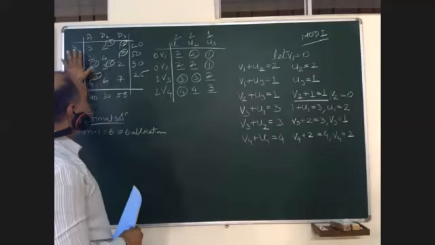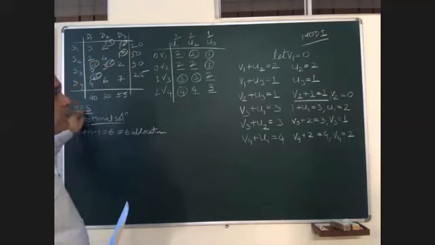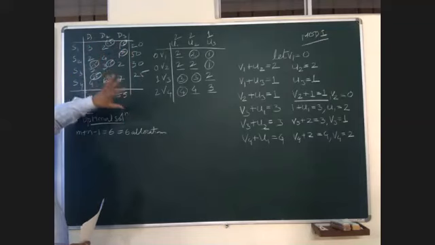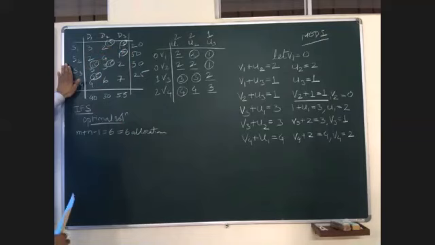Now, I'll repeat all the steps once again. We have solved a problem for initial feasible solution with the VAM method. You can use this method for the earlier two also, that is northwest corner and matrix minimum.